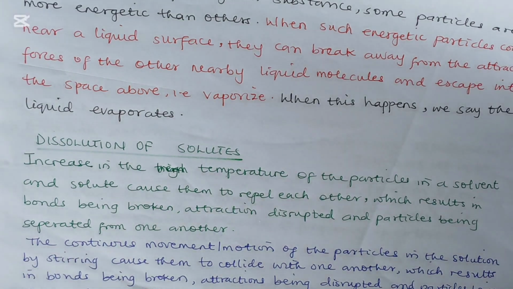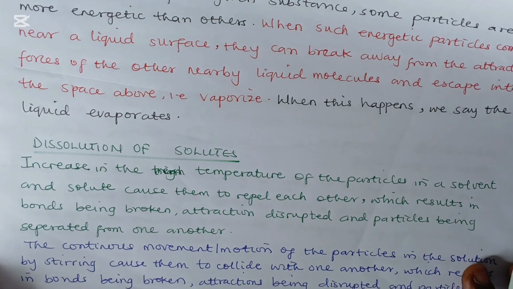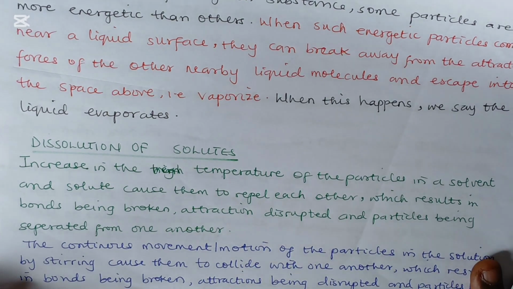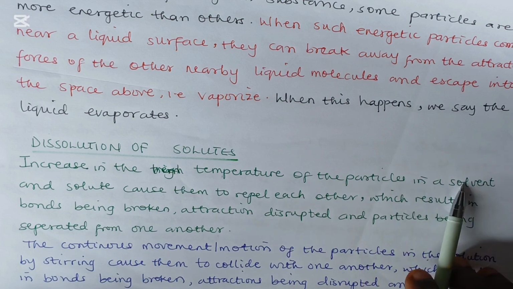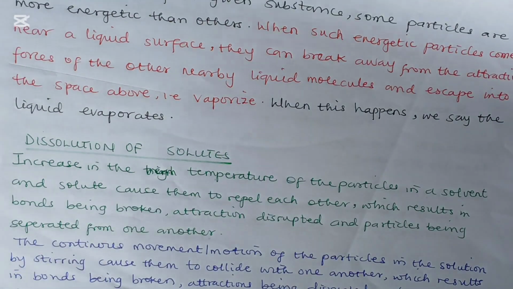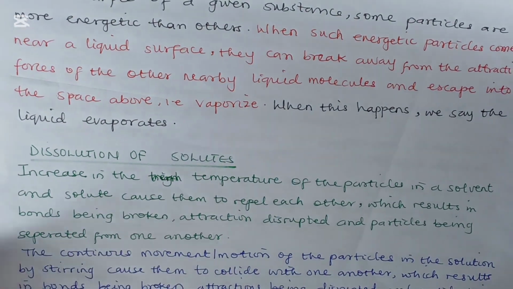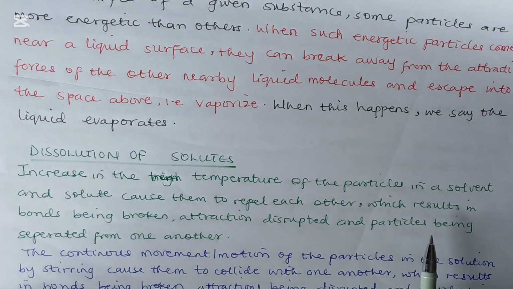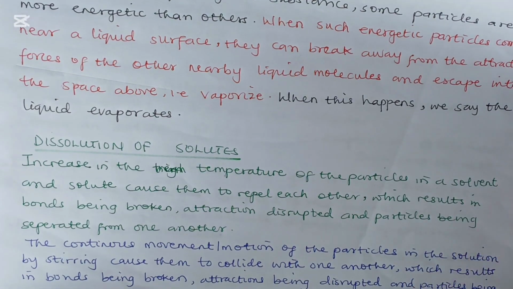When you add salt, for instance, the table salt we use, to water, and then you increase the temperature by stirring or by heating directly, the bonds holding the particles of the solute, that is the solid that you dissolve in the solvent, which is the water, begin to break, and there will be no attraction between the solute and the solvent, that is between the salt and the water. There is a kind of repulsion. They repel each other as temperature increases. The particles are not attracted to each other, and then they begin to separate from one another.